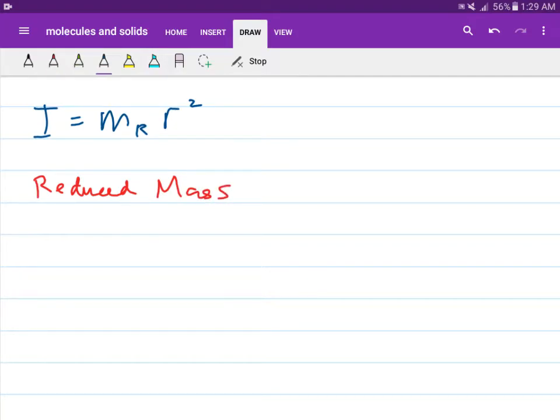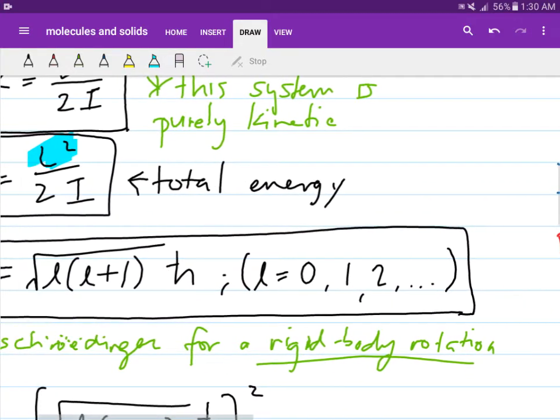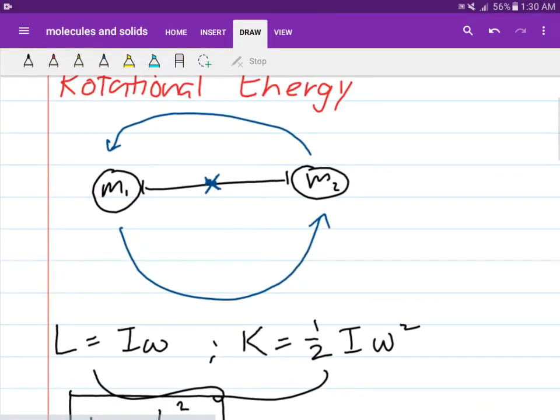So you can try to search the internet on what is the reduced mass, but for the sake of simplicity, we will just be giving the formula here. It is equal to m1 m2 over m1 plus m2. So this is sort of like the effective mass of this m1 and this m2.